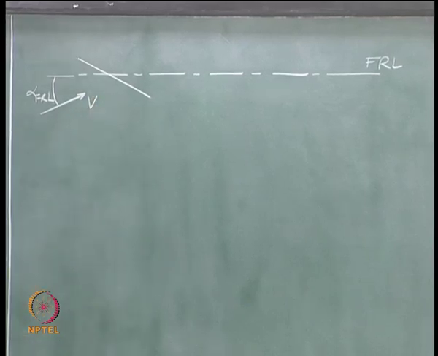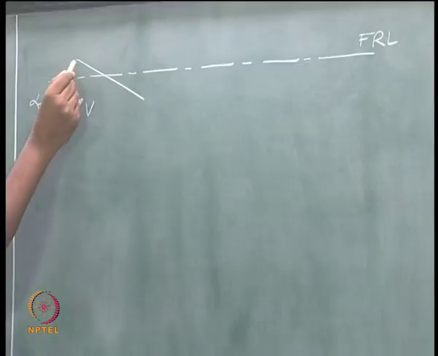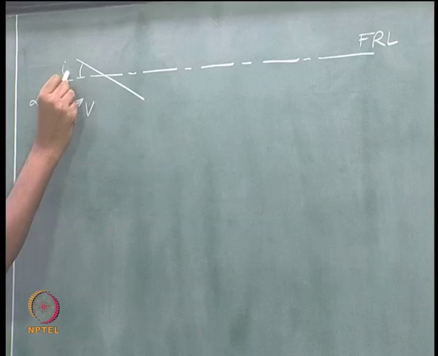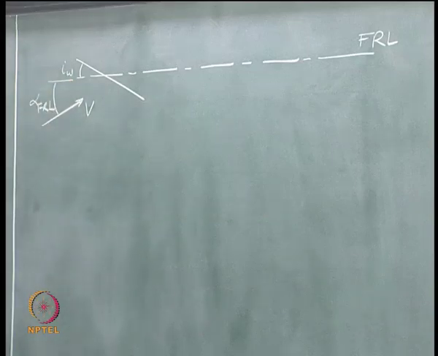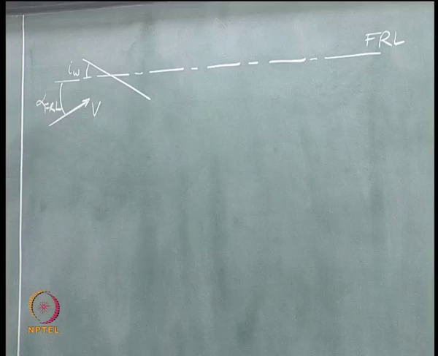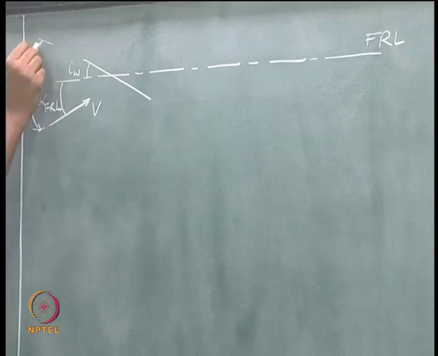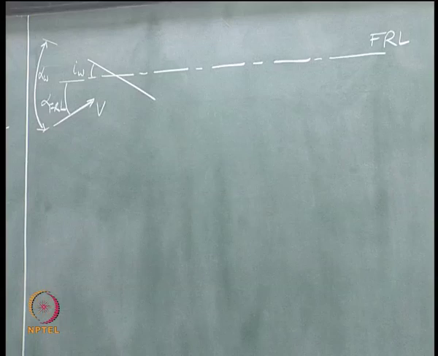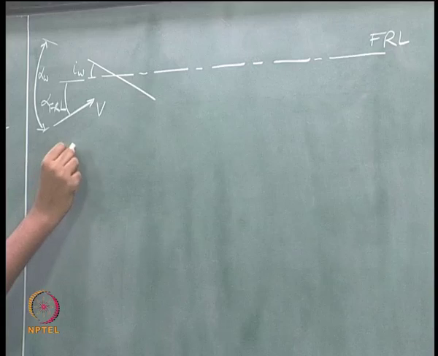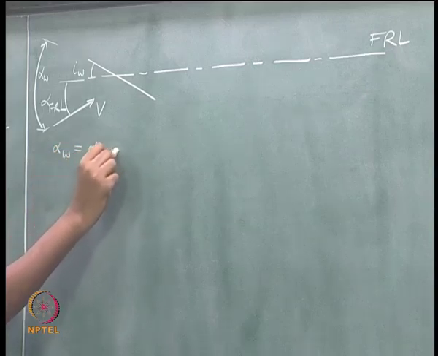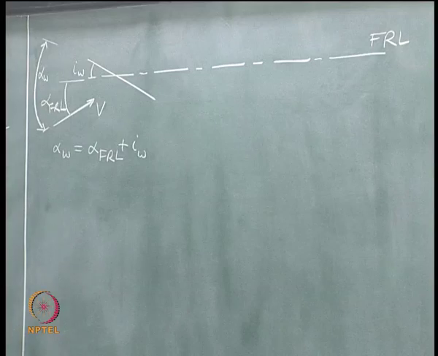So, this is your V, relative wind, and this wing is at some incidence angle IW with respect to the fuselage reference line. So, total angle of attack at the wing is alpha W, right.